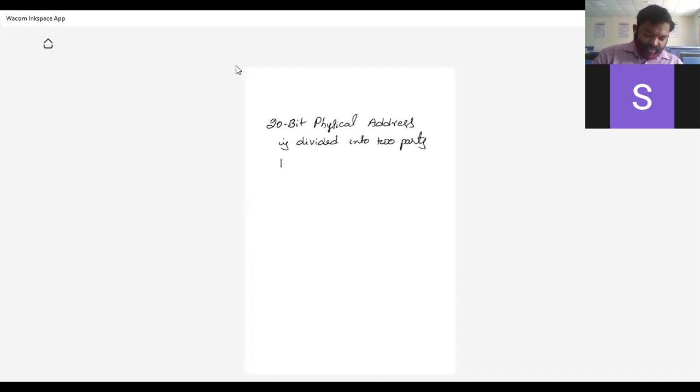One, segment base address, and the second one is offset address. The combination of both together is called the 20-bit physical address.